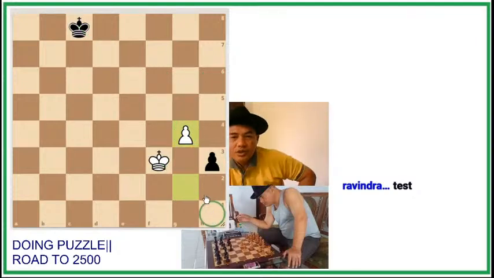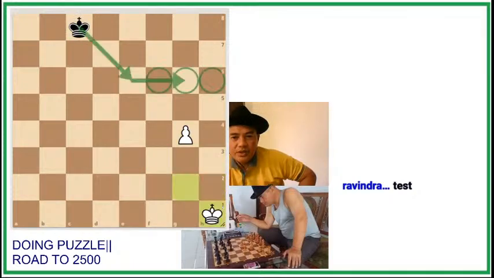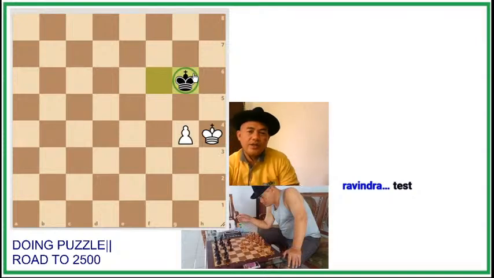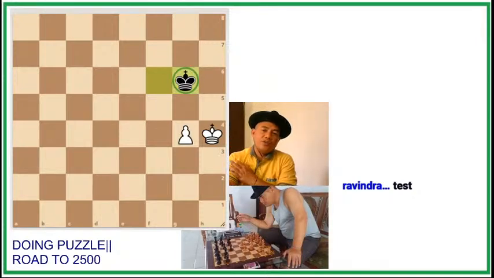For example, black can go like this. If white takes, then white will go to the key square, and when black gets this key square, there is no way for white to win, because this is a draw, and at last this is a stalemate.